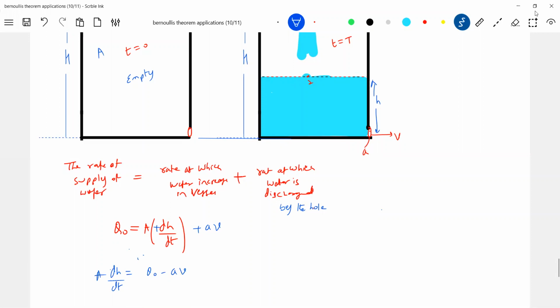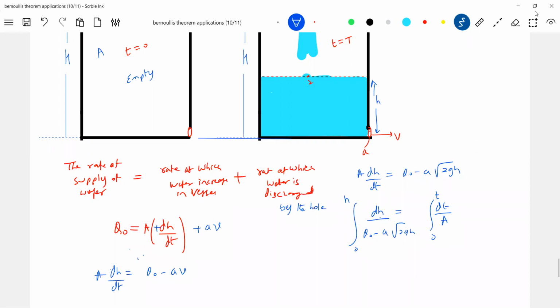So further, the next step, dH by dt equals Q naught by A minus V. What is V? Root of 2gH. Then dt equals dH over that, and I should integrate to get the height. Initially it was empty, so at any instant of time, what is the height of the liquid in the vessel?